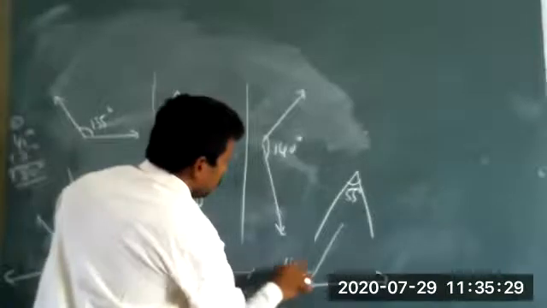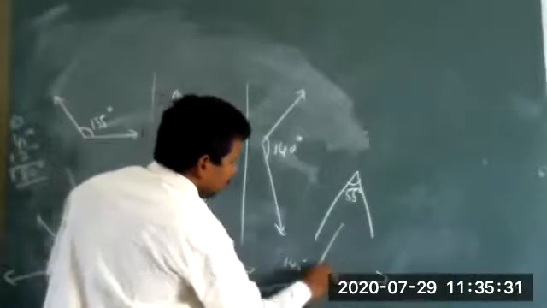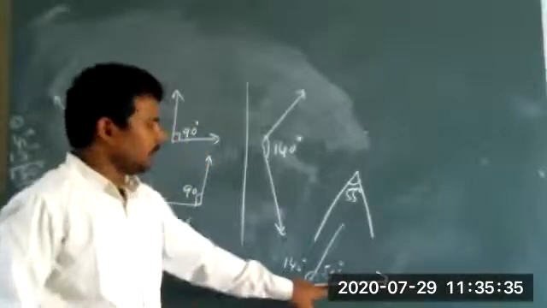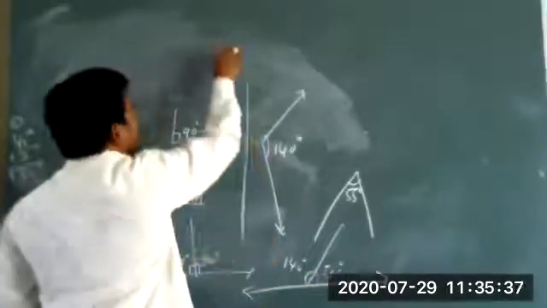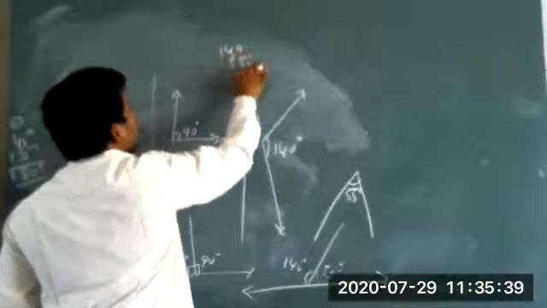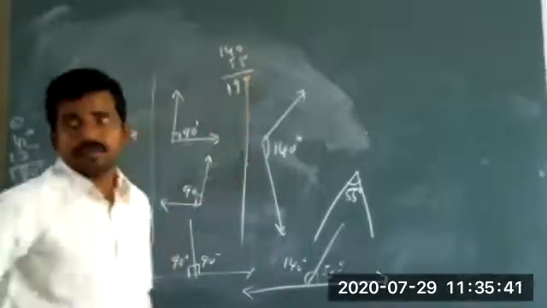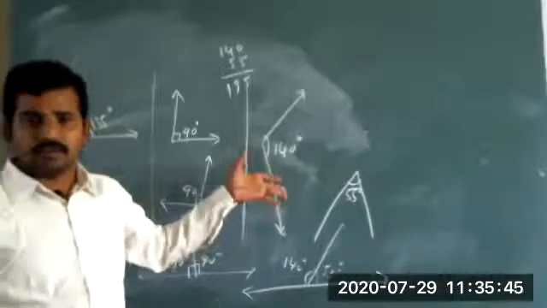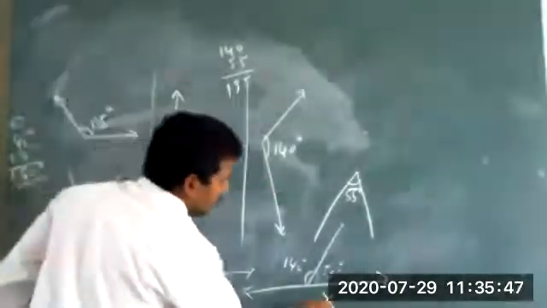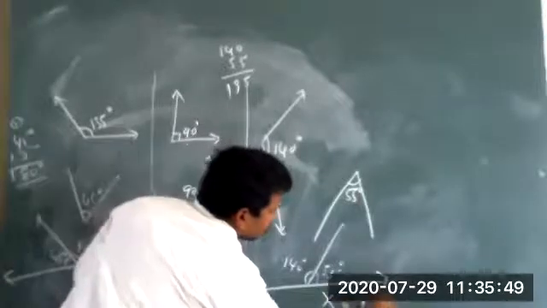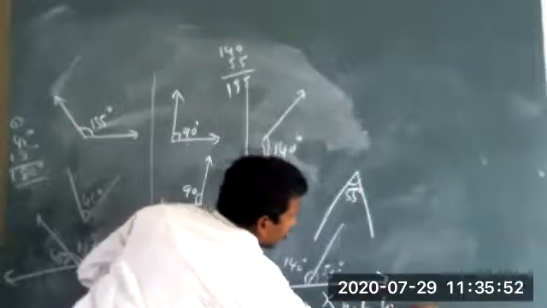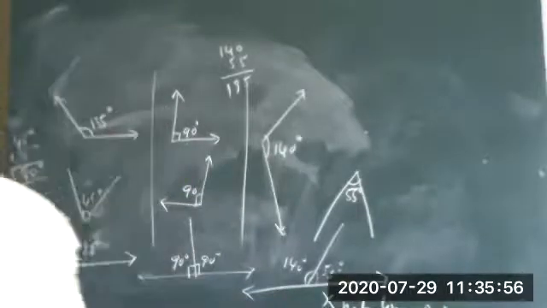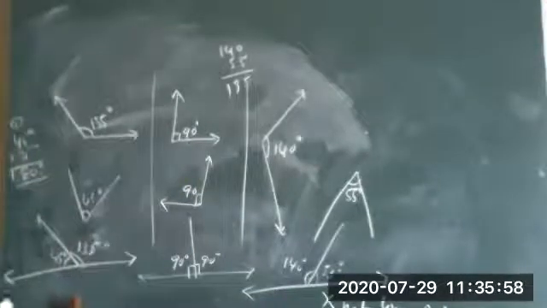This is 140 degrees. This is 55 degrees. So take the total, 140 plus 55, 195. It is more than 180 degrees. It's not a linear pair. The first one and second one are linear pairs. Clear, children? Next.